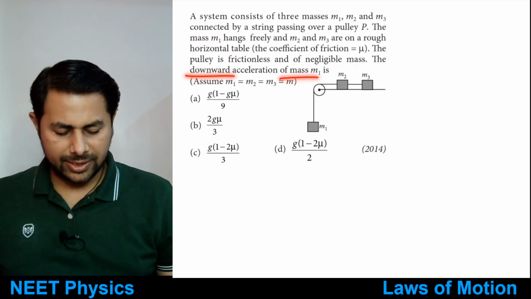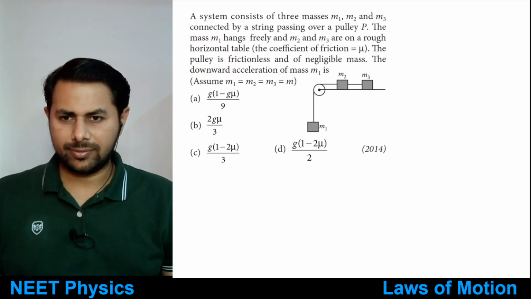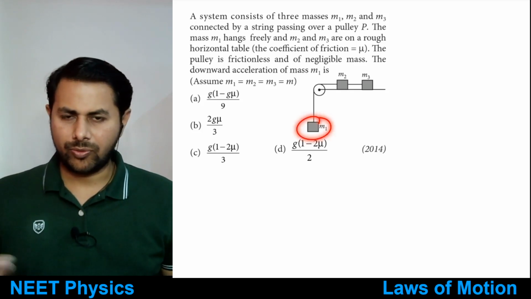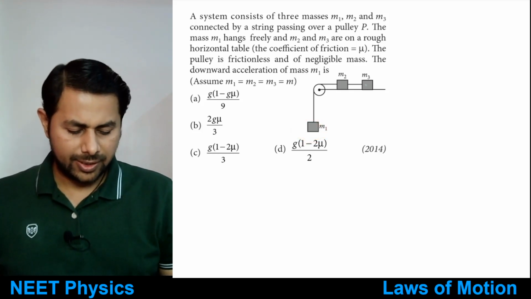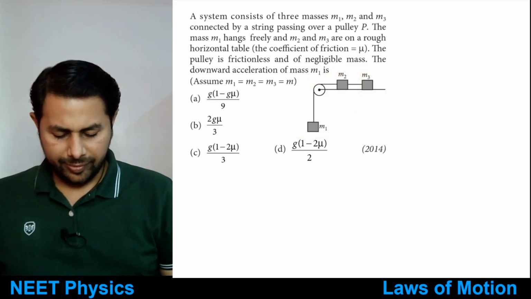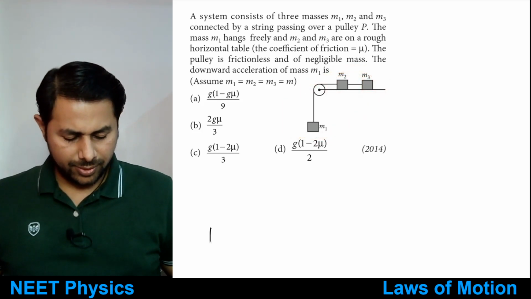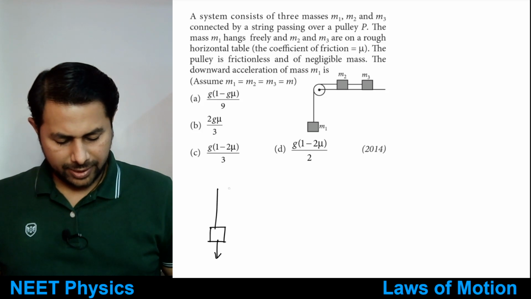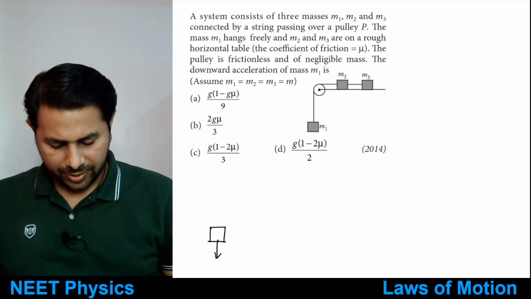The downward acceleration of mass m1 is. Tell me. Now let's consider this whole thing as a system. This m1 is pulling the system down, and there would be some tension in the string.